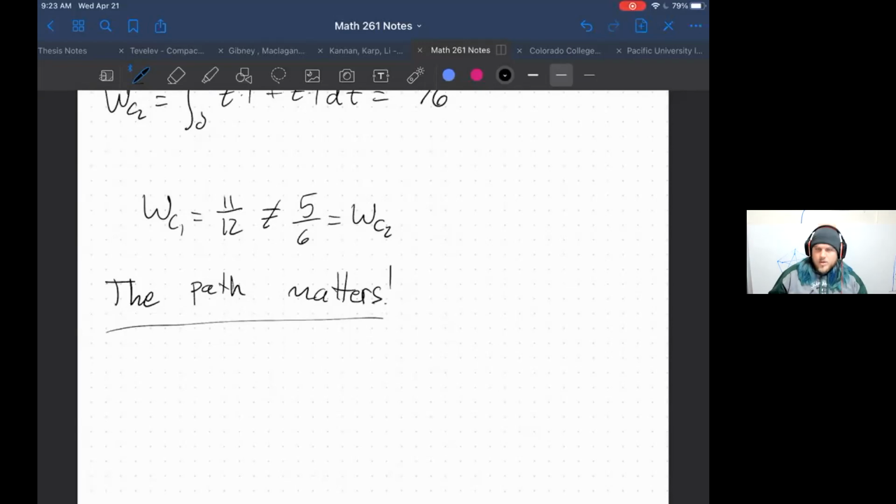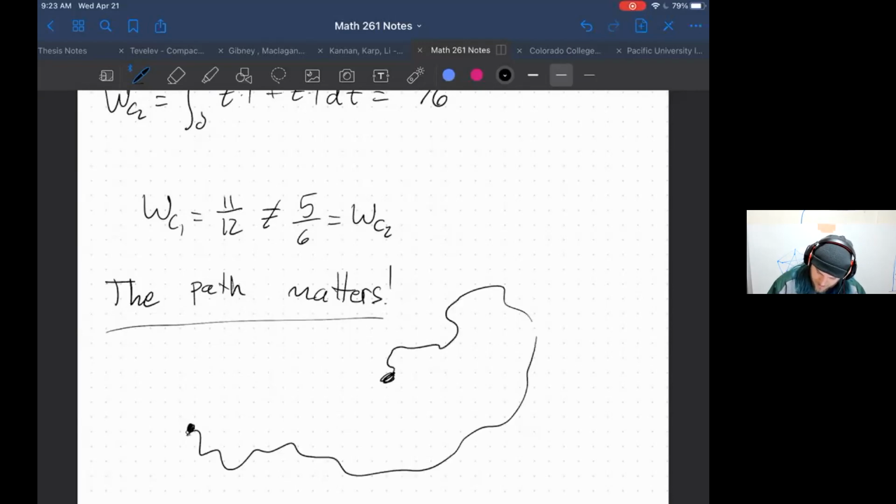If you travel a really long way, doing a bunch of little squiggles between this point and this point, or if you do a path straight through, when do these 2 curves yield the same amount of work done by the vector field? That's what we're going to look at.